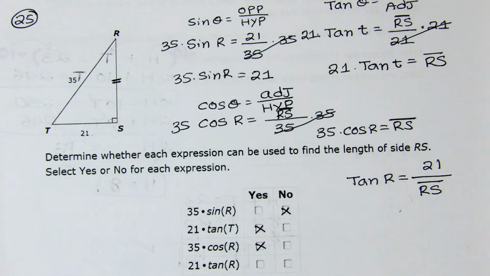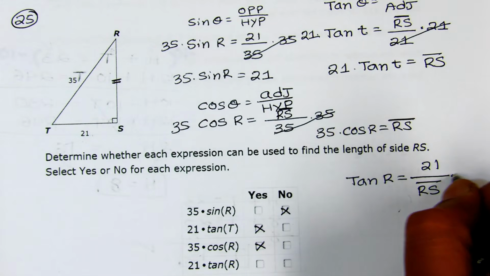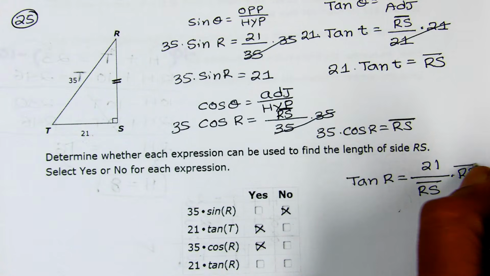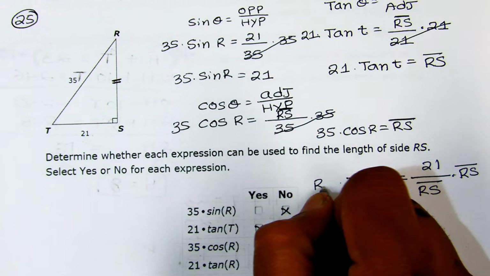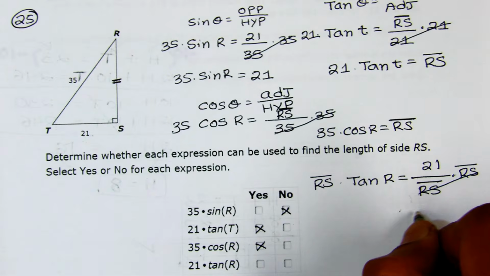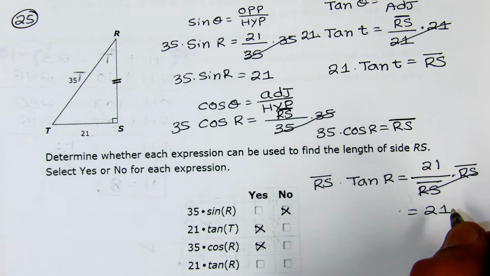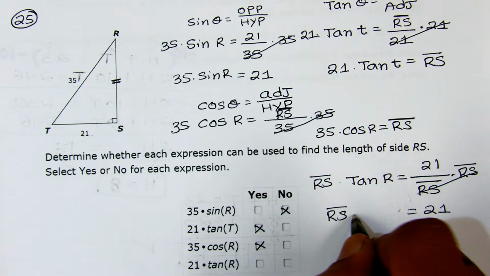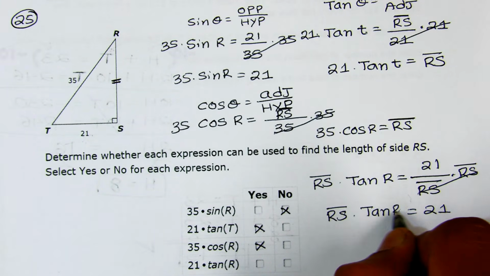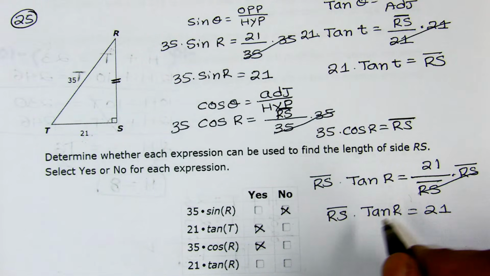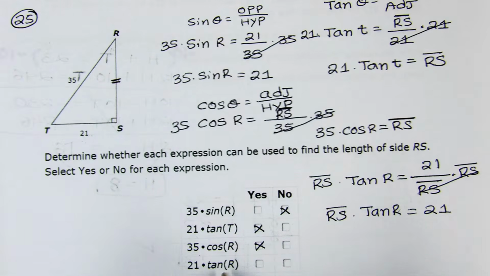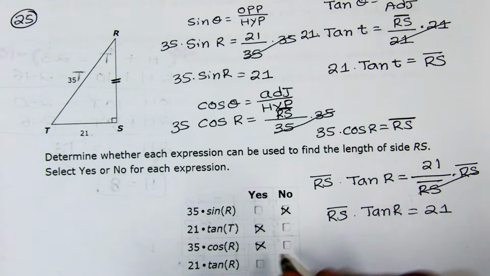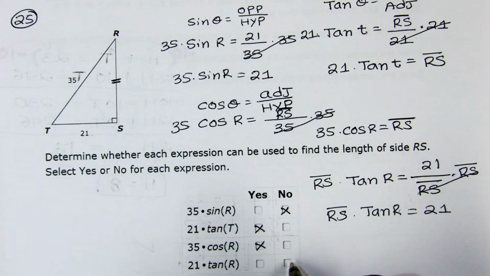If I try to simplify this a little bit, I don't get the true statement we're looking for. We get the length of RS times tangent R should give us 21, not 21 times tangent R equals RS. So this is a false statement. It doesn't give us the side we're looking for, so we're going to mark it no for that one.